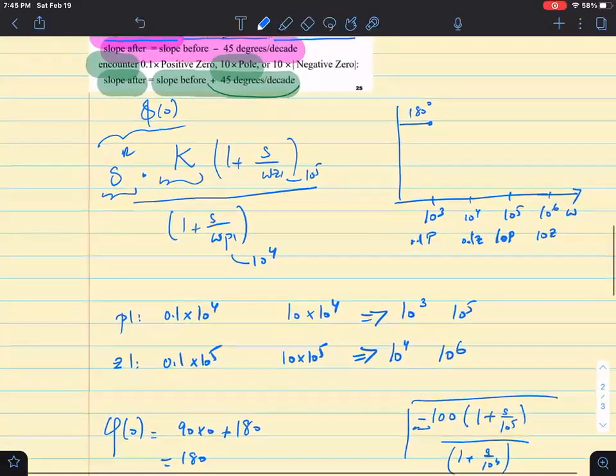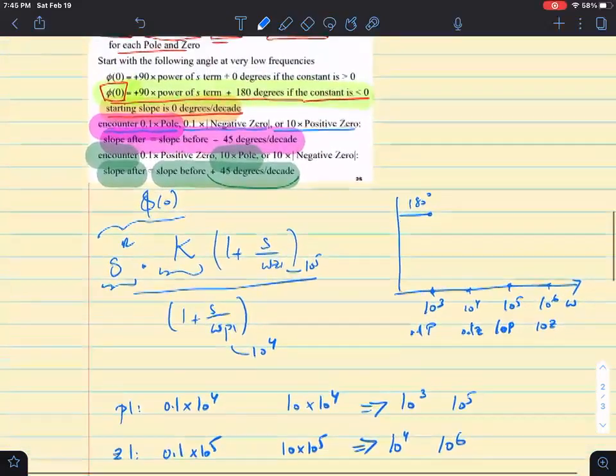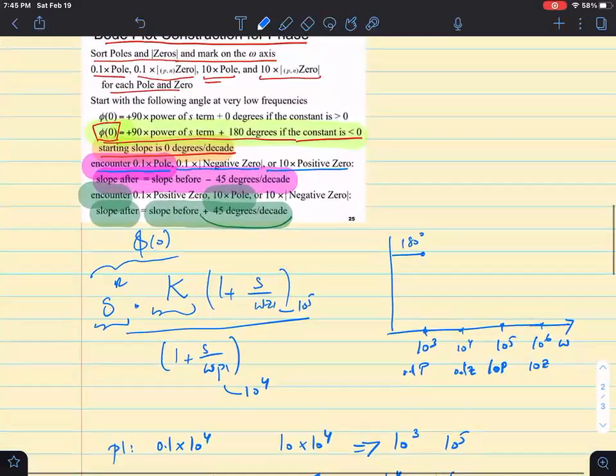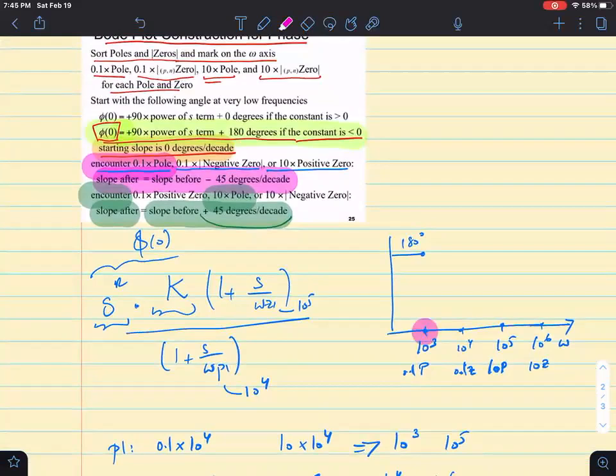Of course, every time I hit an inflection point, I'm going to calculate my slope. Okay, so let us track the slope. Here I hit a 0.1 times a pole, the first point I hit. So the slope is going to be my previous slope minus 45, so minus 45 degrees per decade.